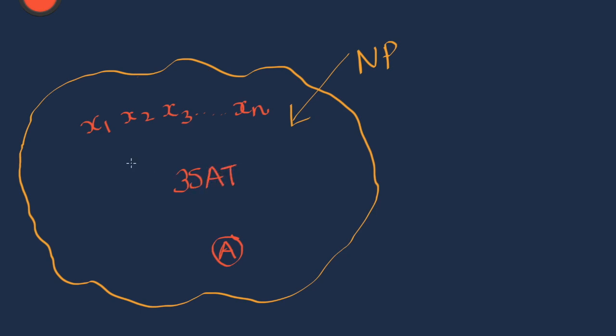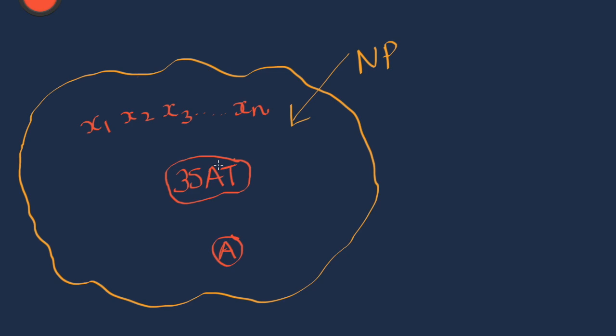Because to show something is NP complete, we need to prove that every language in NP, x1, x2, x3, and so on up to xn, reduces to our problem in polynomial time, and that can be pretty hard to do. Instead, we take a known NP complete problem. This is the result of the Cook-Levin theorem, and someone already did the work for us. Hey, why not use that?